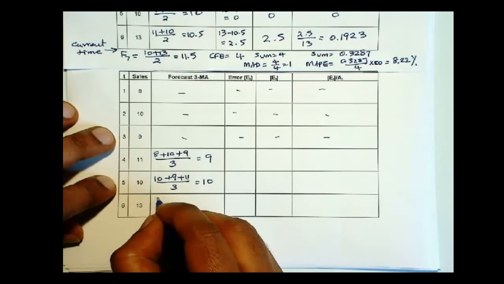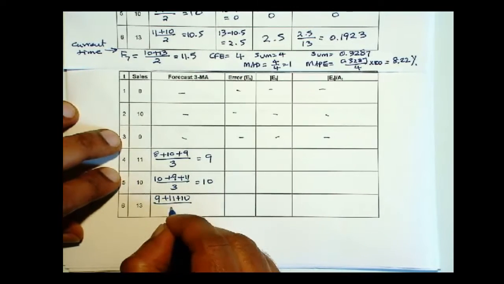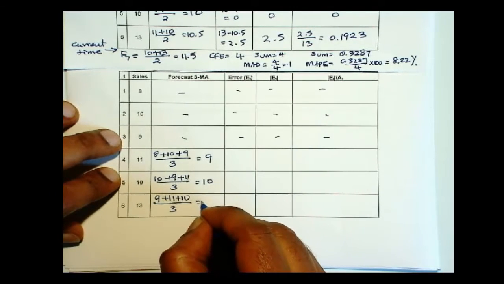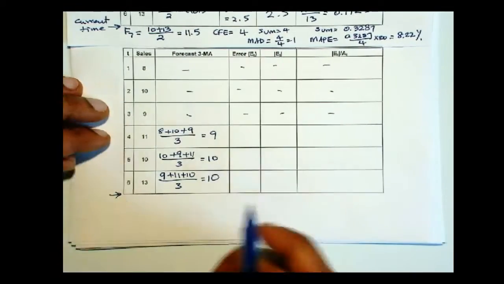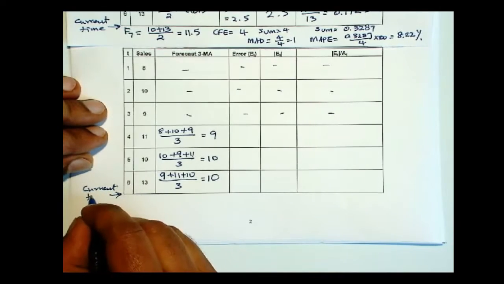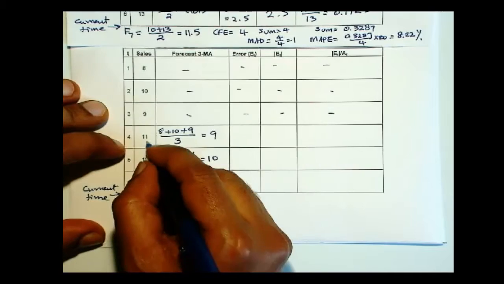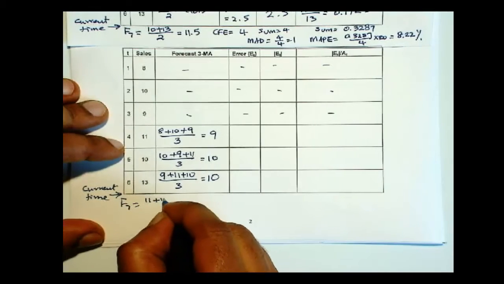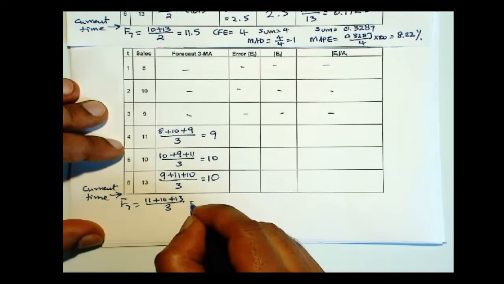Then 9 plus 11 plus 10 over 3 is 10. Okay, so this is the current time. So F sub 7 then is the average of these 3. So that will give you 11.3.